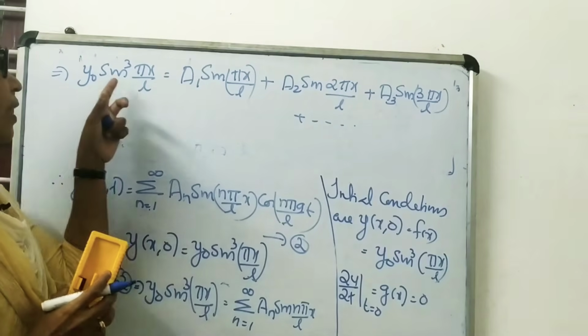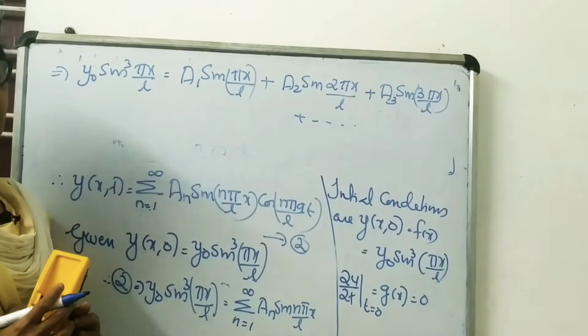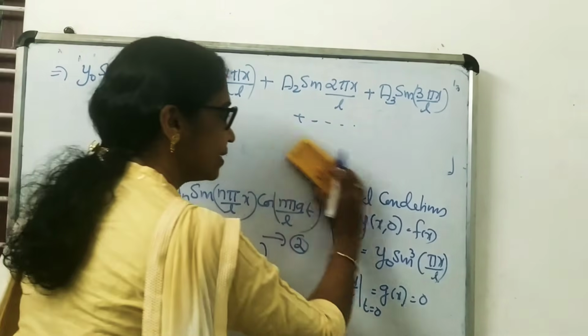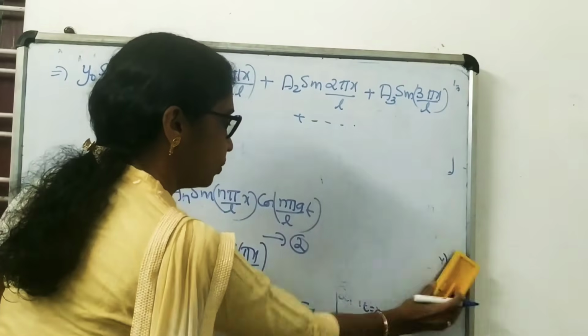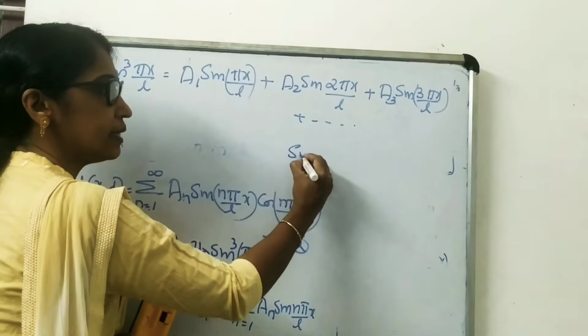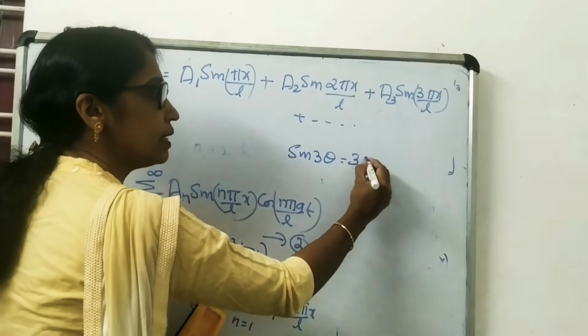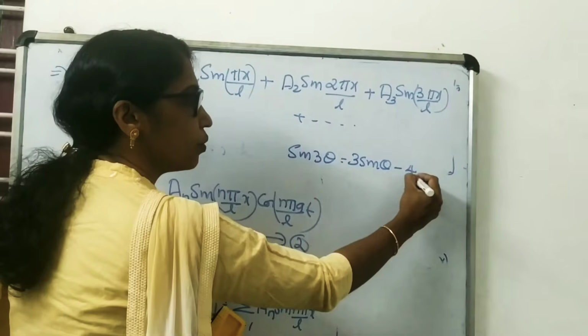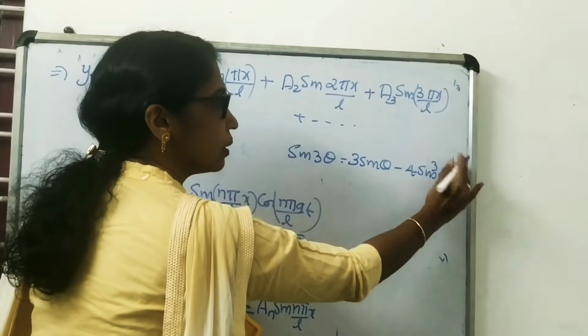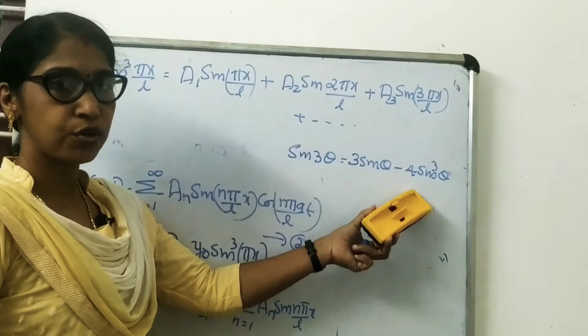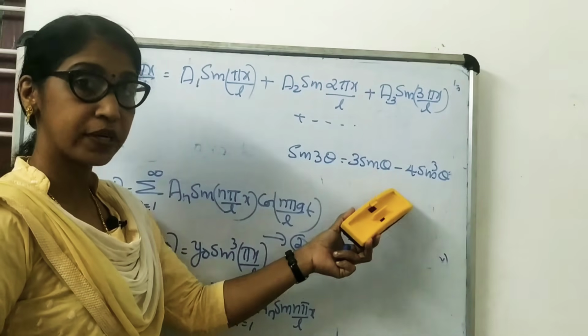Now, what is sin cube(pi x / l)? We know that sin 3 theta equals 3 sin theta minus 4 sin cube theta. This is a trigonometric formula.